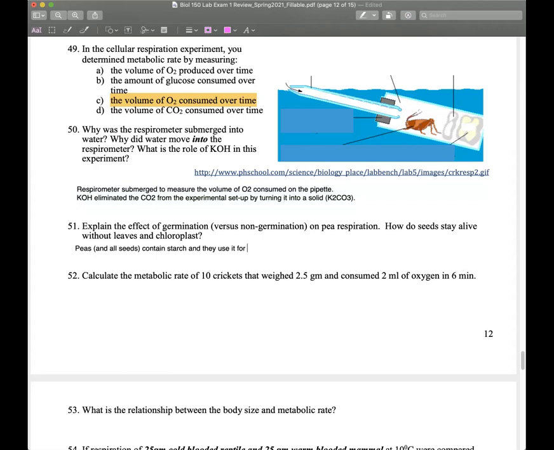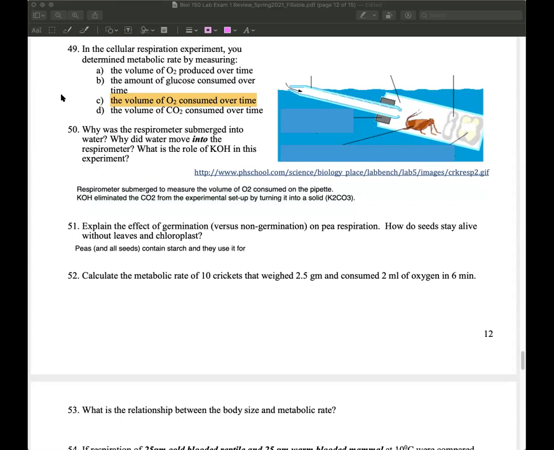What chemical process are they doing? Photosynthesis. Nope, not with the starch. What are they using the starch for? Energy. Yeah, and how are they getting that energy? Cellular respiration? Yes.